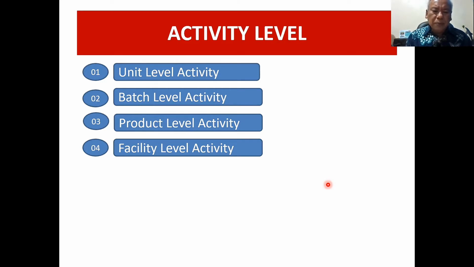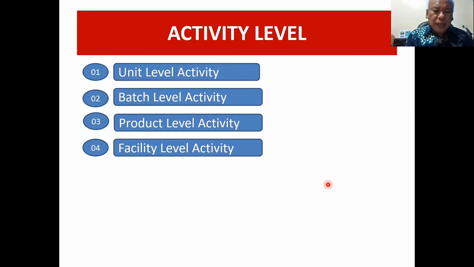The more units produced, the more unit level activity costs. The driver, we call the unit driver.